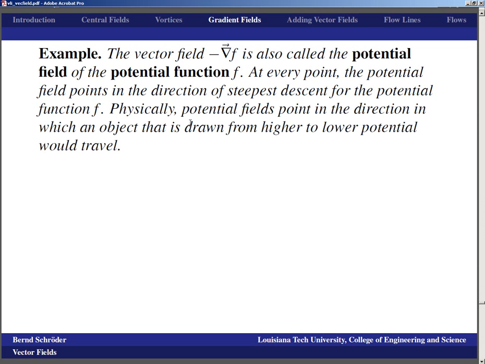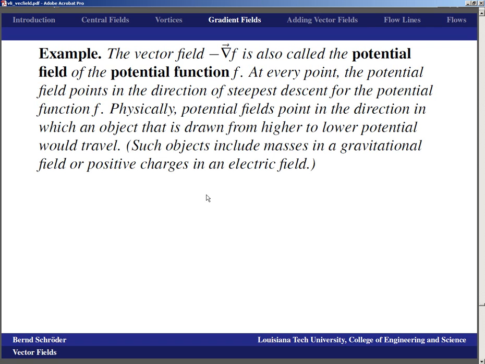Physically, potential fields point in the direction in which an object that is drawn from higher to lower potential would travel. And of course, in physics, objects typically travel from higher potential to lower potential.